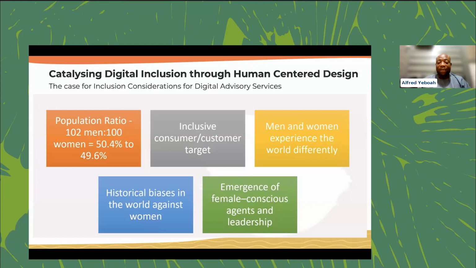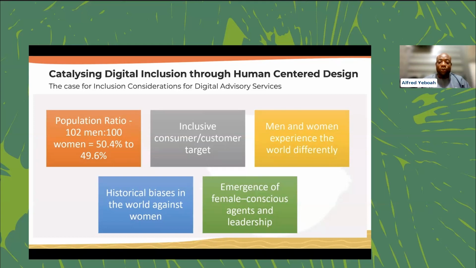In fact, men and women, people with different ability levels, experience the world differently and will more likely have different circumstances and needs when it comes to the access and use of digital advisory services.